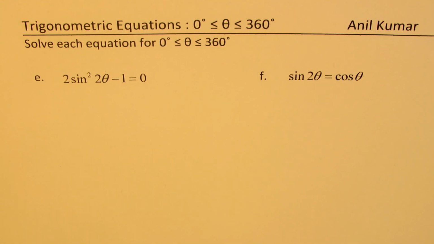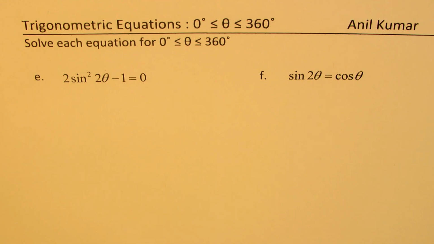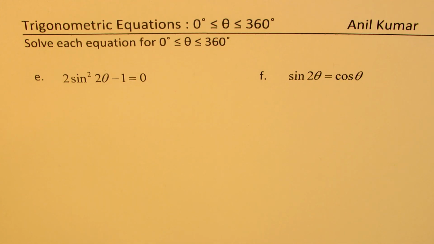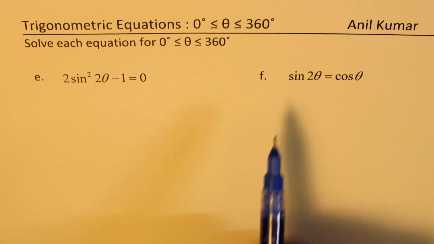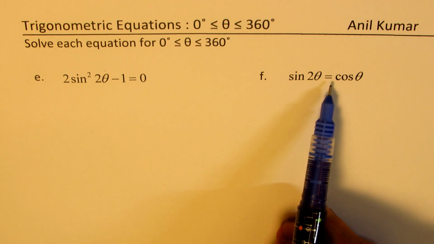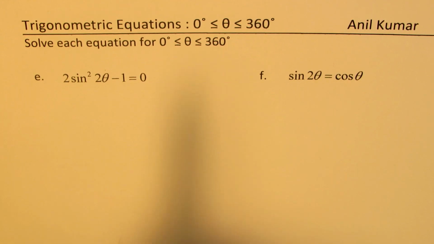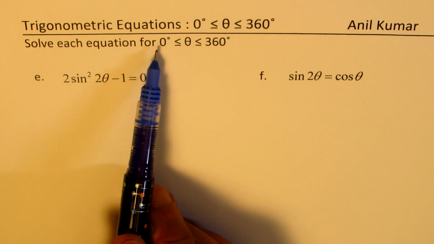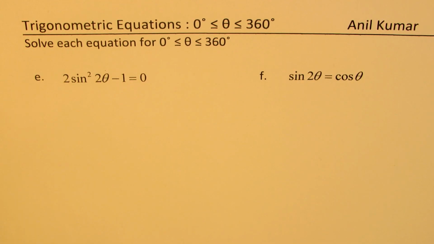Now here are the last two questions, which are slightly different from whatever we have done so far. E. 2 sine squared 2 theta minus 1 equals 0. F. Sine 2 theta equals cos theta. We have to solve these equations for theta being between 0 to 360 degrees.